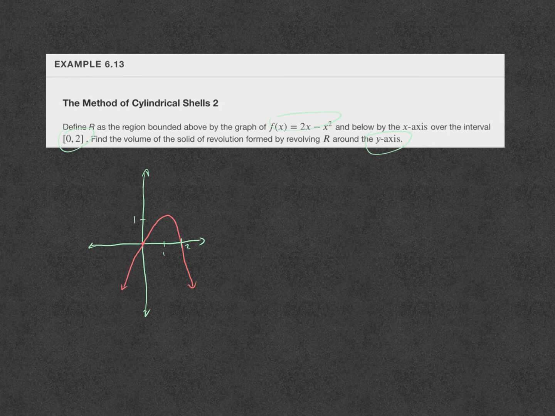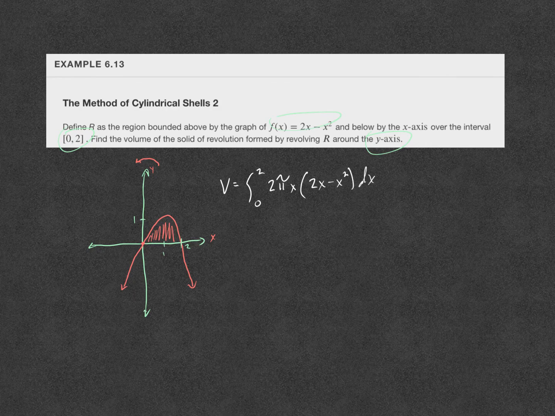And again, we are taking this region, because it says from 0 to 2, and we're revolving it around the y-axis. Again, this problem is pretty direct in terms of substituting into our volume formula. We have the integral from 0 to 2 of 2 pi x, and then the function, f of x, dx.